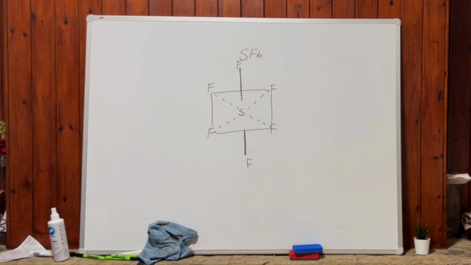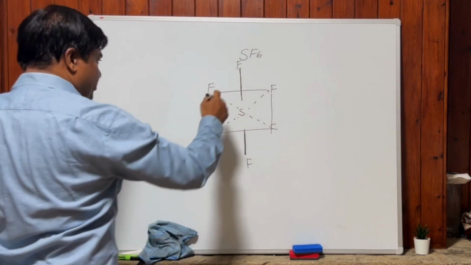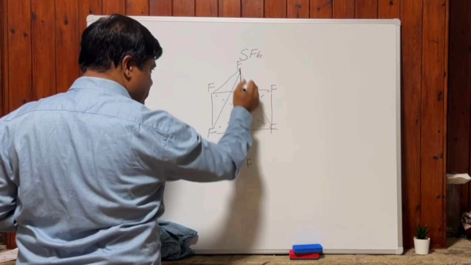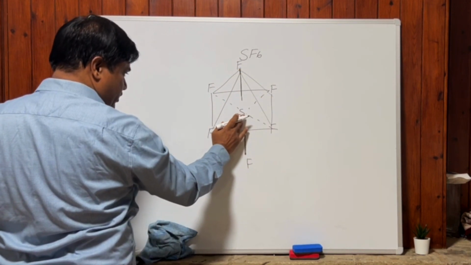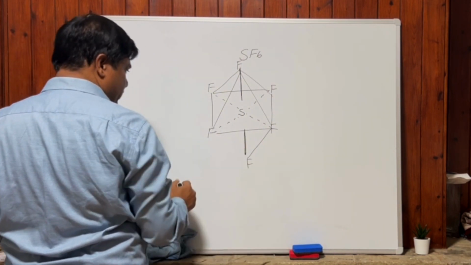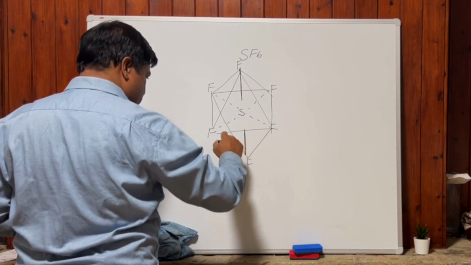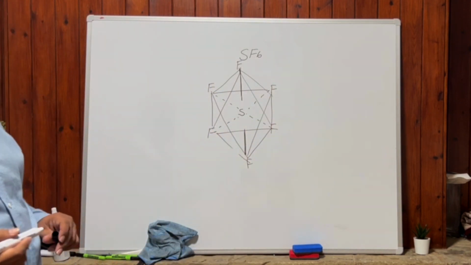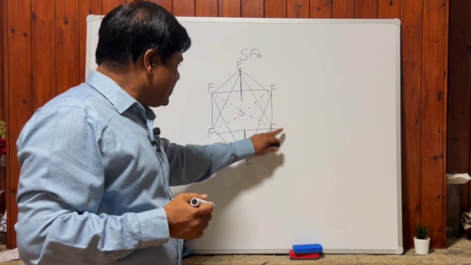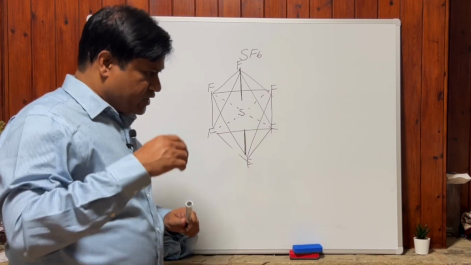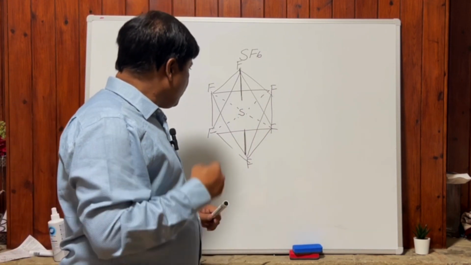It looks like a complicated structure. So the molecule which has 8 faces, what will be its shape?